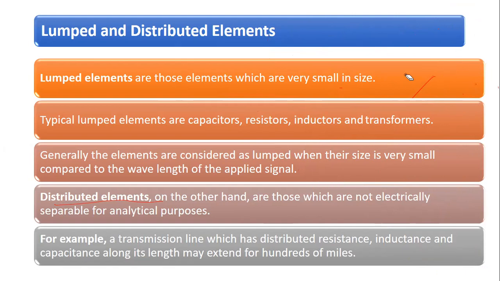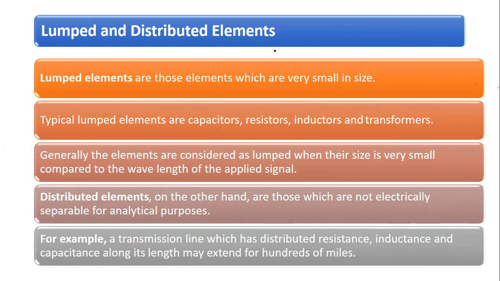So there are two ways of understanding this. One way is to see it through the fact whether you can separate the element or not. If the element is physically separable, it is a lumped element. Or if the size of the element is very, very small as compared to the wavelength of the input signal, it is a lumped element.